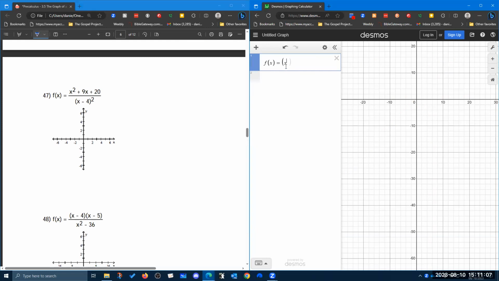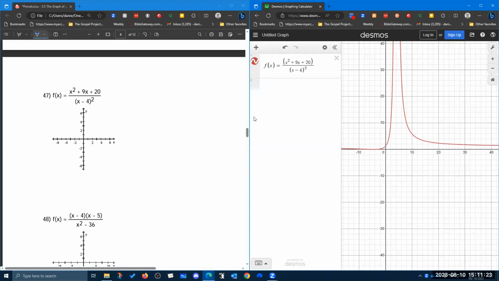Next, x squared plus 9x plus 20 divided by (x minus 4) quantity squared. This one's going to look really funky because it's got a squared in the denominator. We're also going to be crossing our asymptote here.